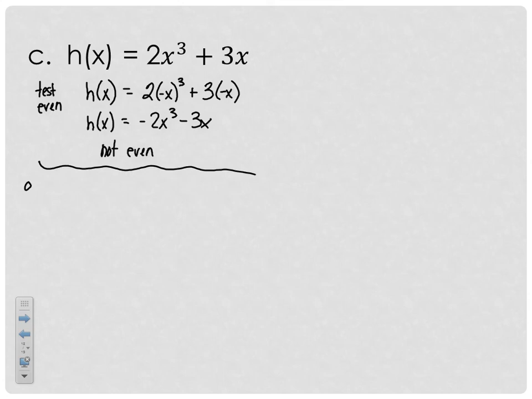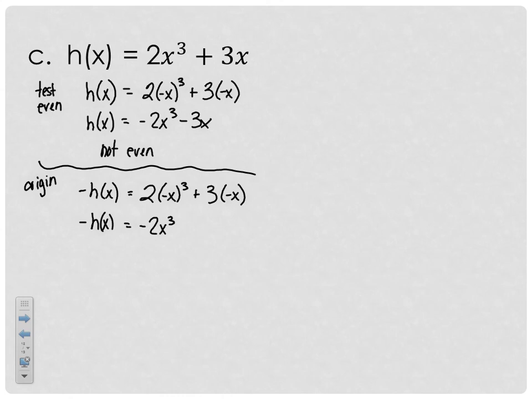How about origin? Okay, so now we want them both to be negative. So negative h of x, remember that's negative y, is equal to, put the negative x's over here. So negative h of x equals negative 2x cubed minus 3x.